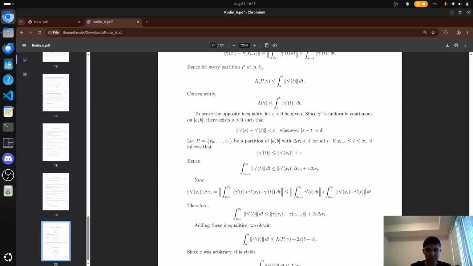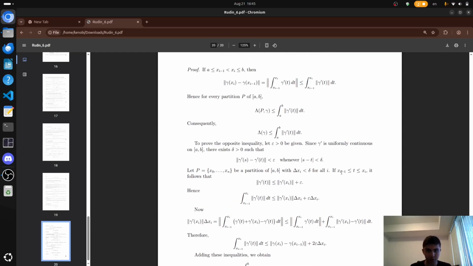So the strategy here was to use two inequalities. One was using the fact that the absolute value of the integral is less than the integral of the absolute value. And then the other part of the proof was to use the notion of continuity, and then divide the integral into two parts.